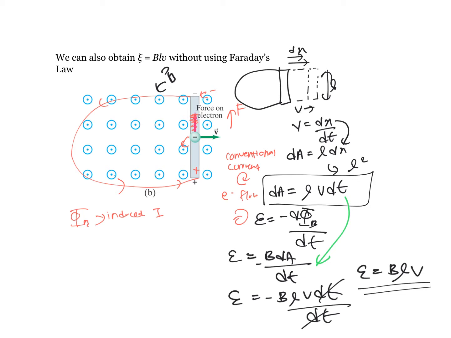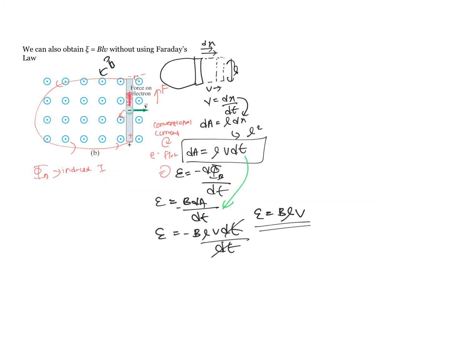How about the formula without using Faraday's law? I'm going to show you, and you are going to get the same thing. Here you can see that the electron is moving upward because there's a force making the electron move to the upper part of the rod. We can relate this to F equals qvB, the force acting on a charge moving inside a magnetic field.